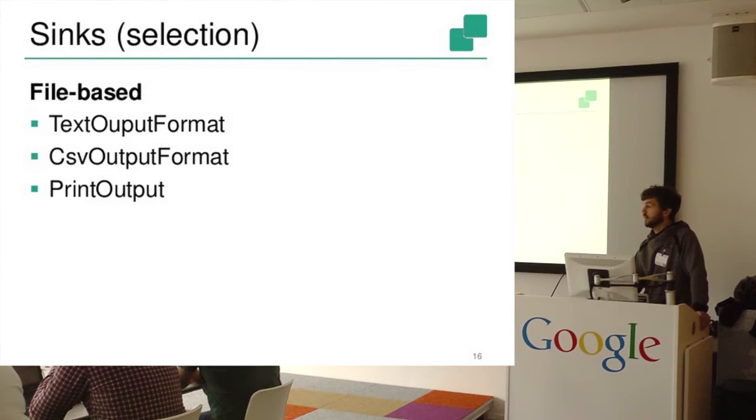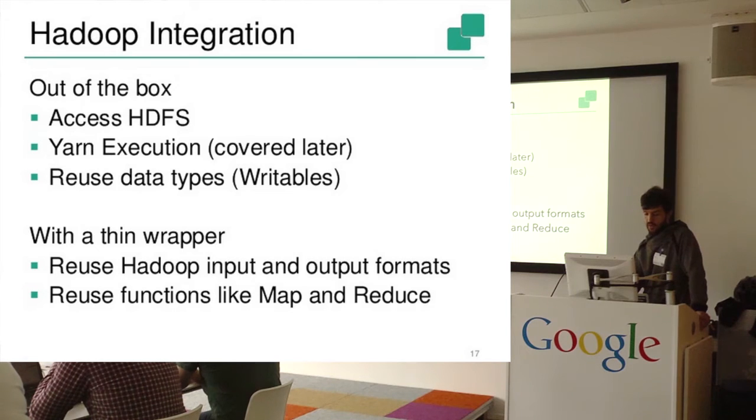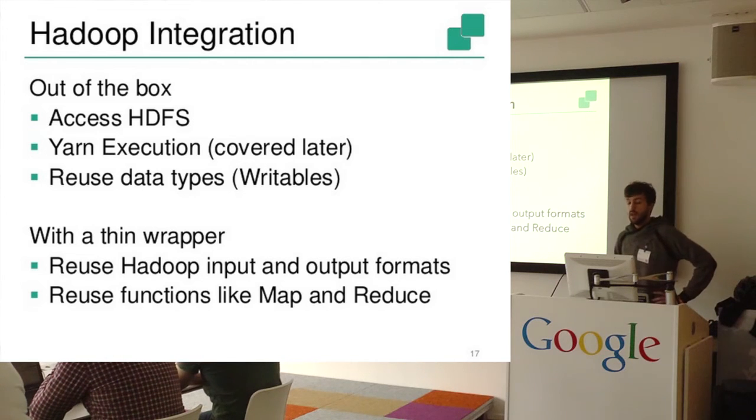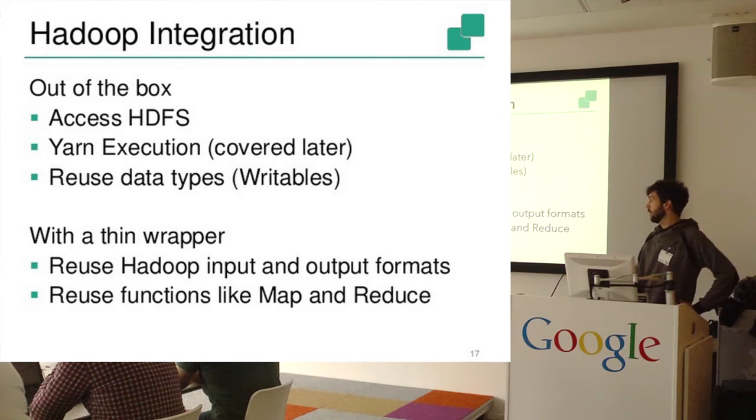Of course, you can also use a print output to see what data is generated without writing it to a file. I mentioned already that we have a pretty good integration with Hadoop, which most prominently means that you can access HDFS and also other file systems which are built on top of HDFS. And you can run Flink in a Yarn environment if you want, and not only standalone. Basically, we use the Hadoop data types and input-output formats and functions.